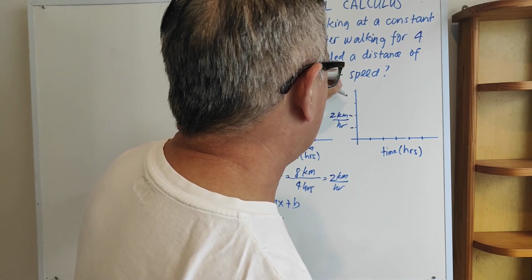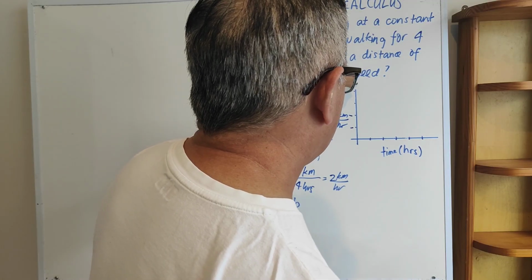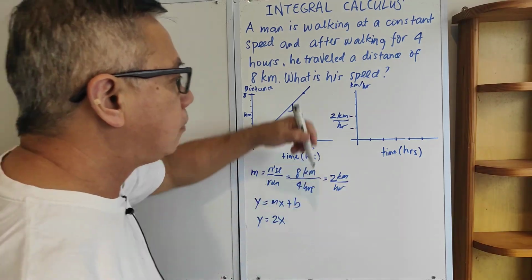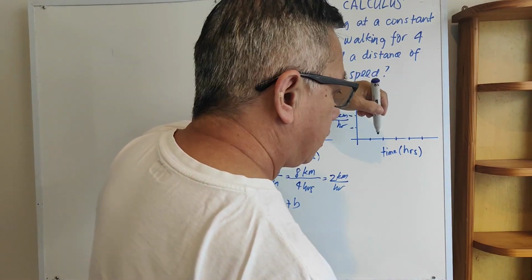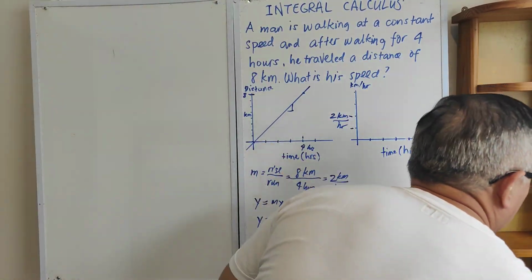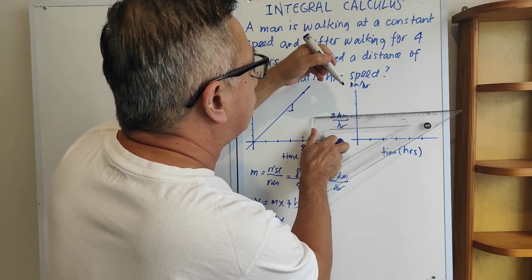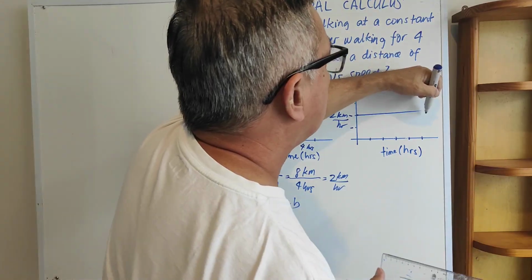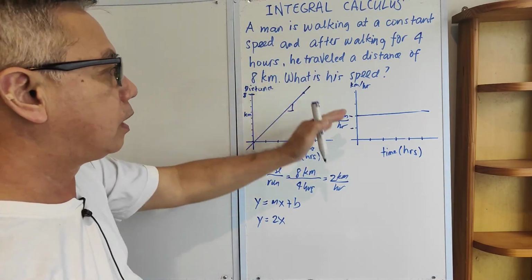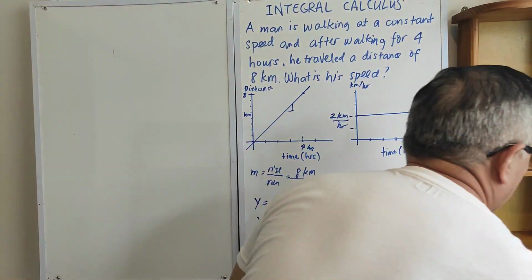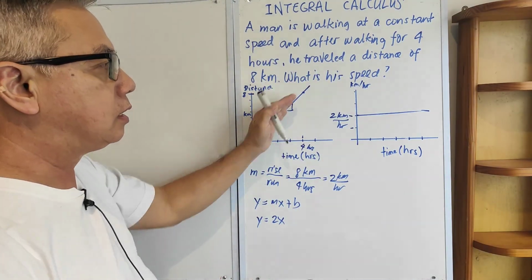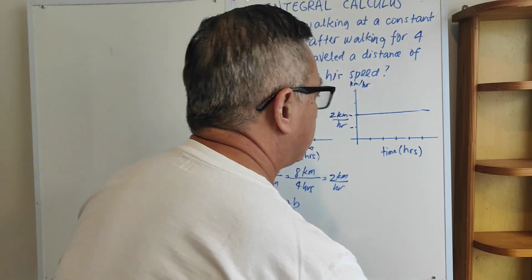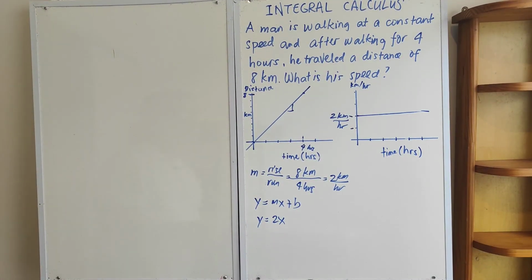So if we graph the speed against time, it will have a constant line of 2. So if he continues walking, then it's always 2. And if he continues walking without changing the speed, the line would always be straight at 2 kilometers per hour. He's walking at constant speed.